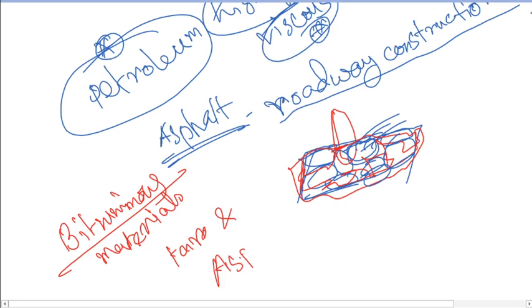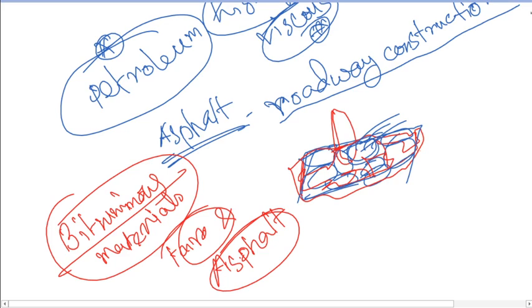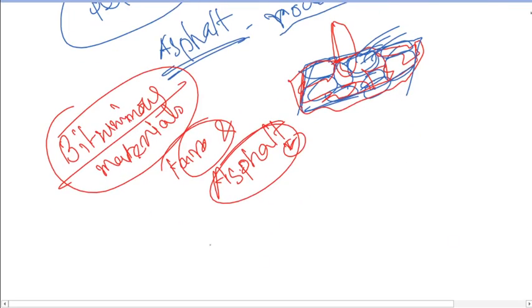So tar and asphalts are all included in bituminous materials, and this particular asphalt, which the British call bitumen, they call asphalt, and as a whole they denote all those types of materials as bituminous materials.